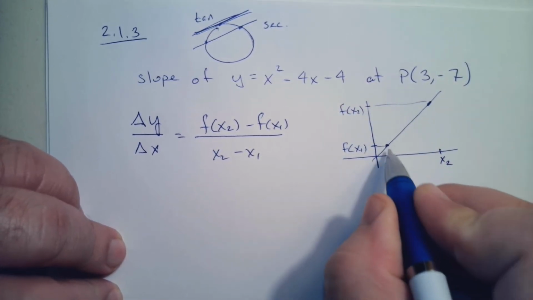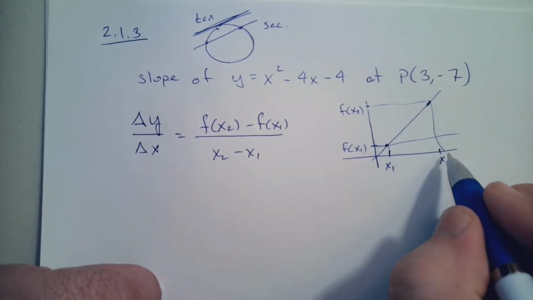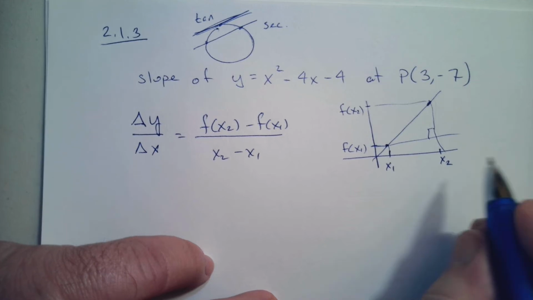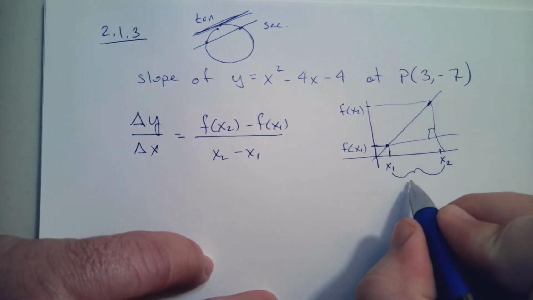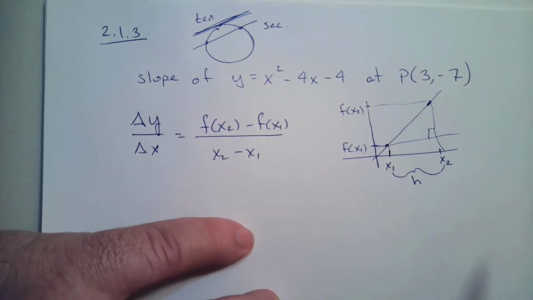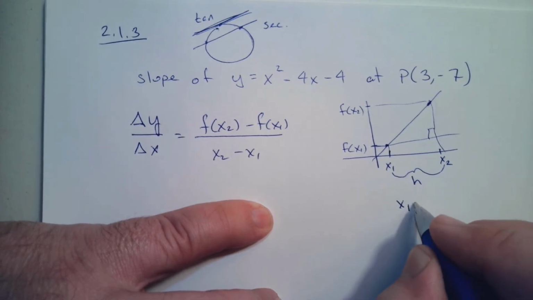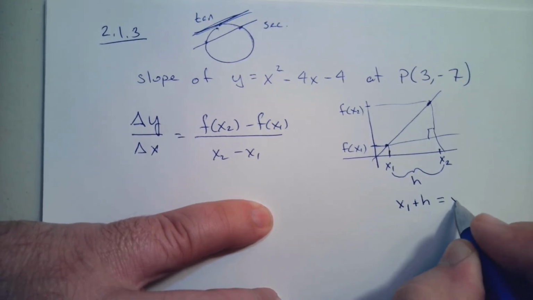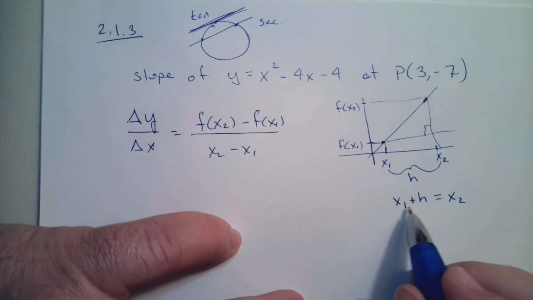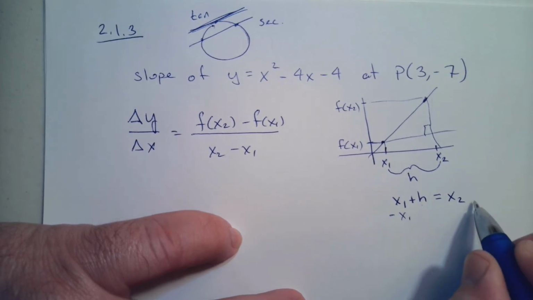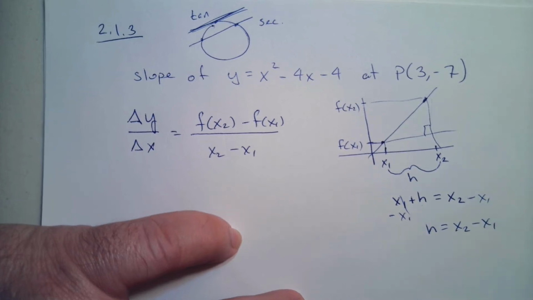That corresponds to that point. We have a right triangle. The distance between x1 and x2 is h. So if we started from any x value and added h, we'd end up at x2. So if we solve for h, get rid of x1, h is x2 minus x1.